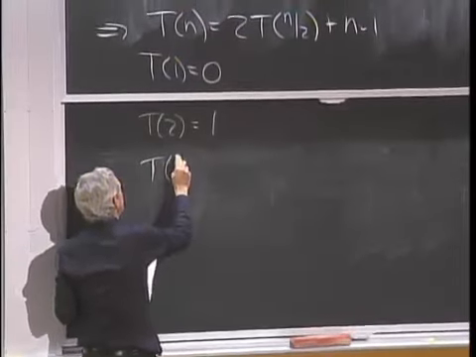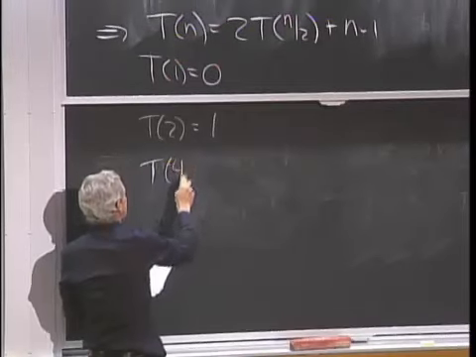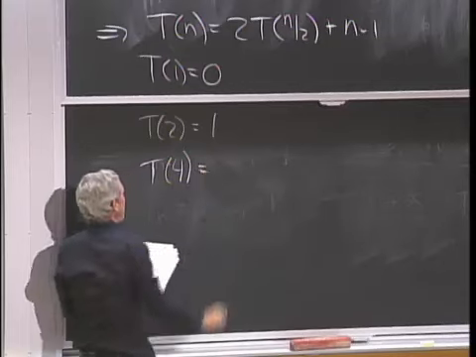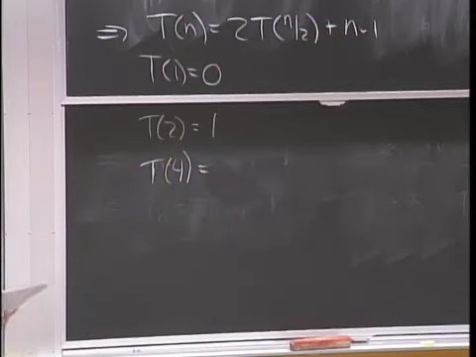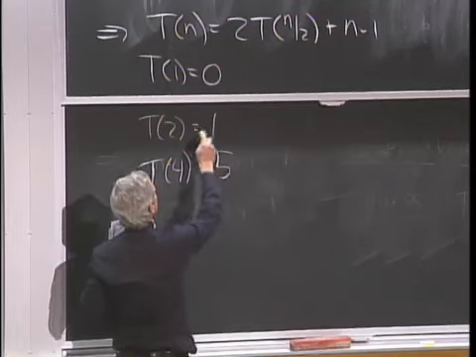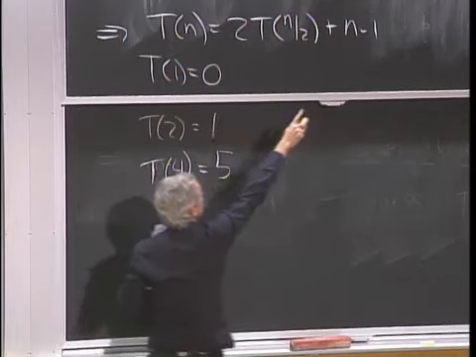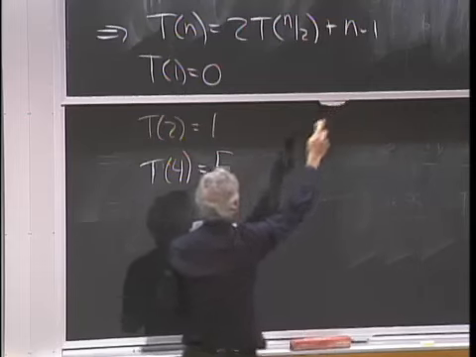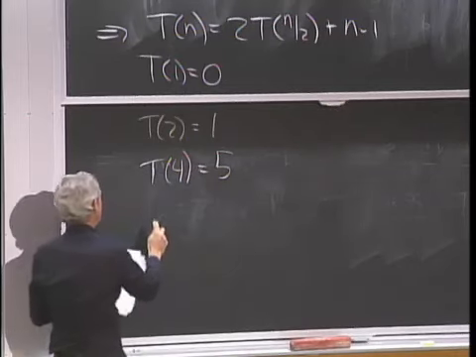We're only doing powers of 2, so I go to T(4) next. What's T(4)? 5. Right, because I've got double this, which is 2, plus 4 minus 1. That's adding 3, so I get 5.